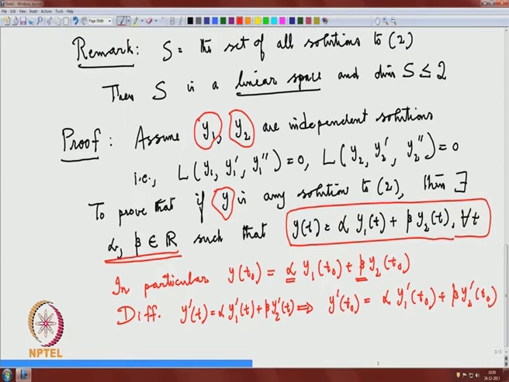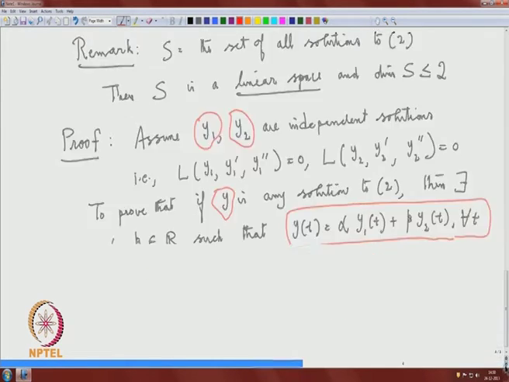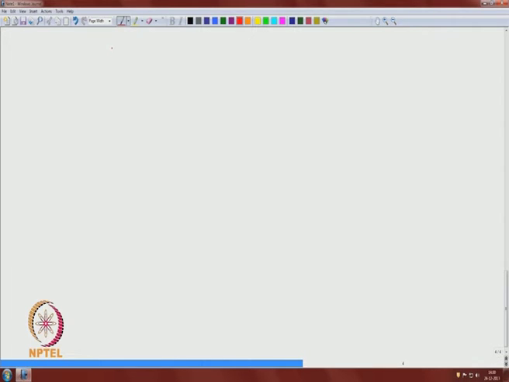So, we have two equations for two unknowns. The question is whether we can solve for alpha and beta, and that is what we are going to see. So, let me write down the equations in matrix form, since your job is to find alpha and beta.